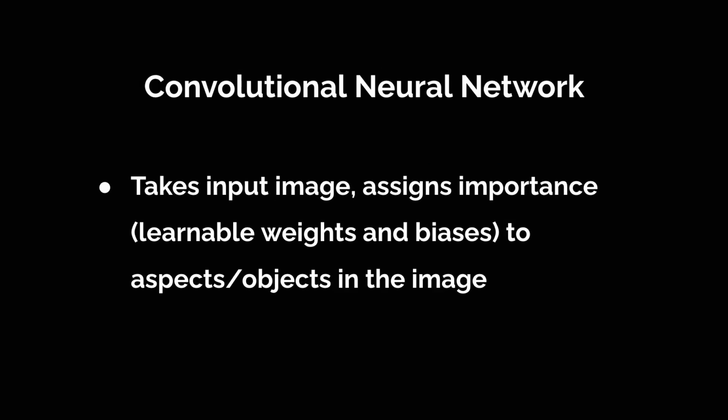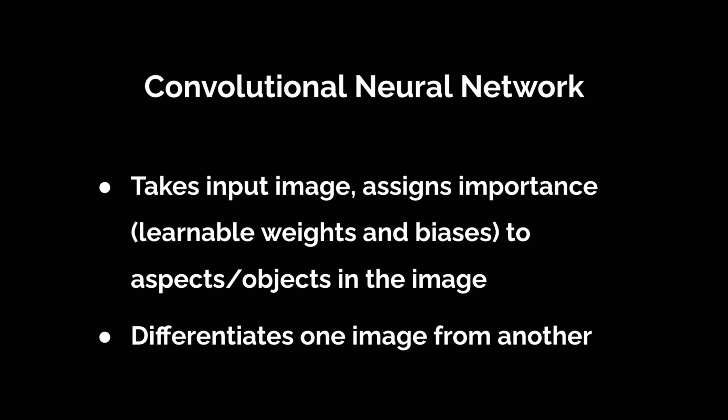It will then assign importance to different aspects or different objects of the image. And it does this with learnable weights and biases, so with machine learning algorithms. That's how it can detect what is inside of an image. As such, it's highly attuned, highly formed and structured to differentiate images from each other.